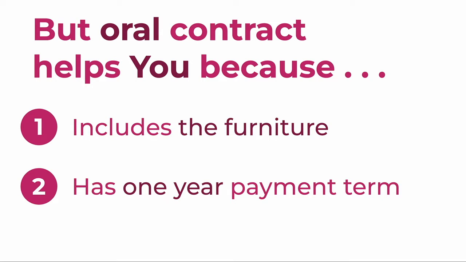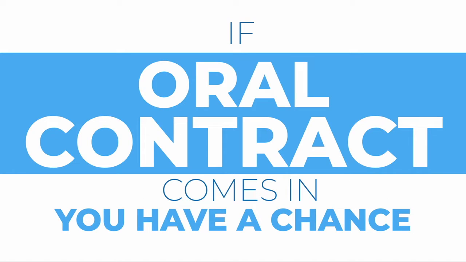And you would prefer to have a little bit longer time, well, not a little bit longer, double the time to pay it off. So the oral agreement is consistent with what you would like to occur. So if you can get this evidence of this oral contract to come in between you and I, then you have a chance of prevailing. But absent that, I'm going to win.